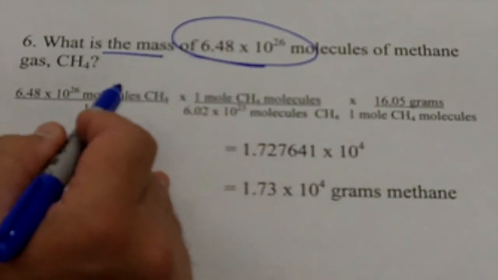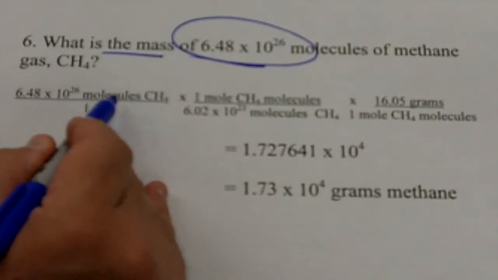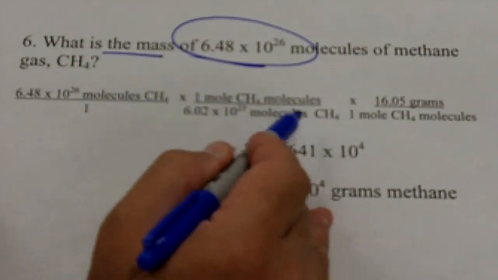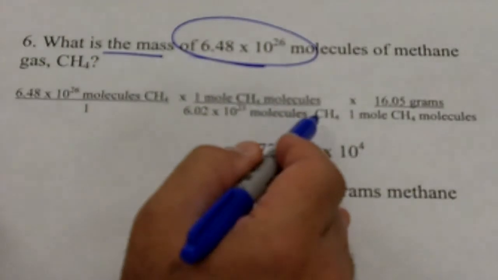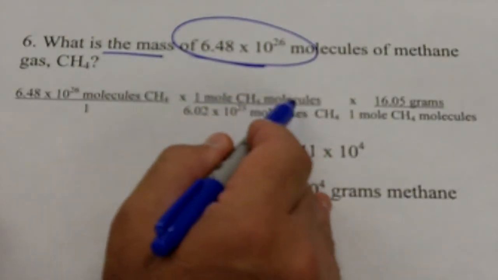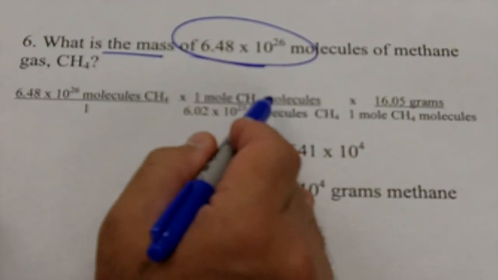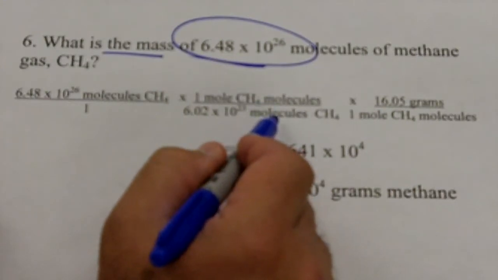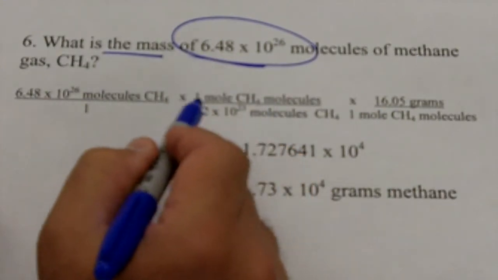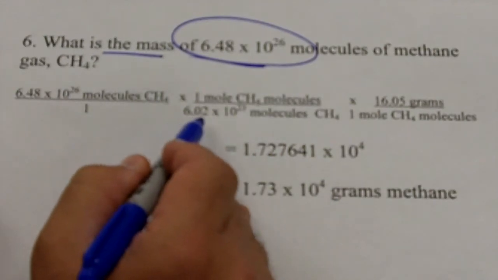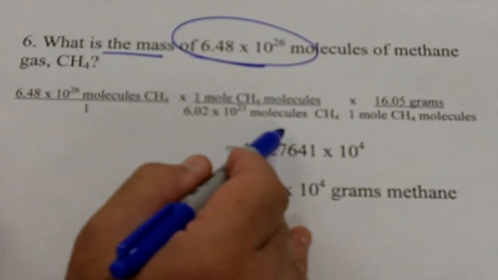So whatever unit is here in the upper left-hand corner, molecules of CH4, is going to go right there. Molecules of CH4, molecules of CH4, moles of CH4. How many molecules of CH4 are there in a mole? Well, how many of anything are there in a mole? 6.02 times 10 to the 23rd. There are 6.02 times 10 to the 23rd elephants in a mole of elephants.